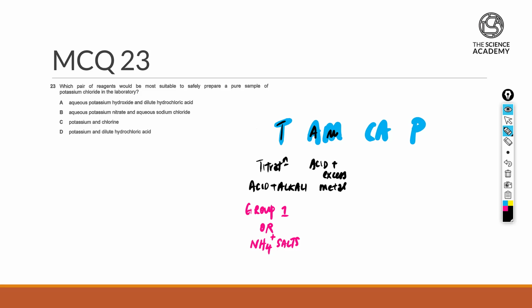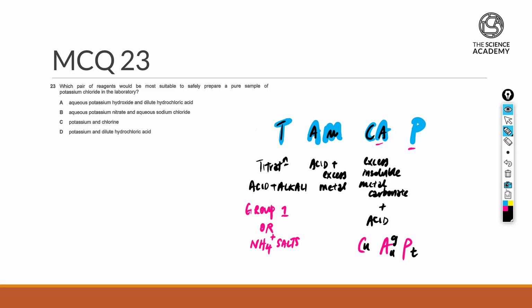Let's talk about Ca first, which is the use of excess insoluble metal carbonate plus acid. Now this method will be viable for CaP, which are known as the cap metals, the very unreactive metals like copper, silver, gold, and platinum.